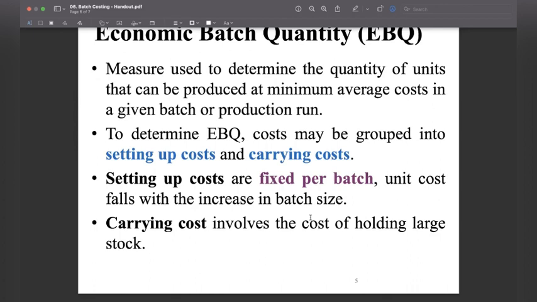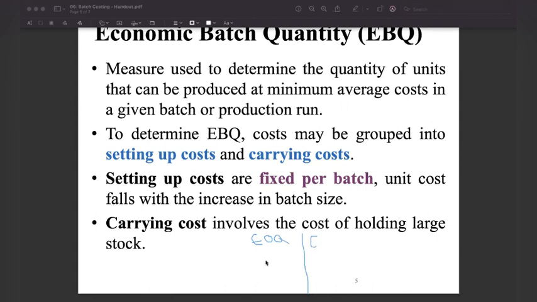Now, I have a question. Now, you all try to find the differences between EOQ and EBQ. So we did study another term called EOQ, right? Economic order quantity. So try to find the differences between these two, EOQ and EBQ.